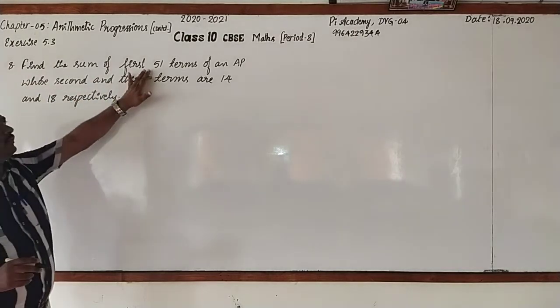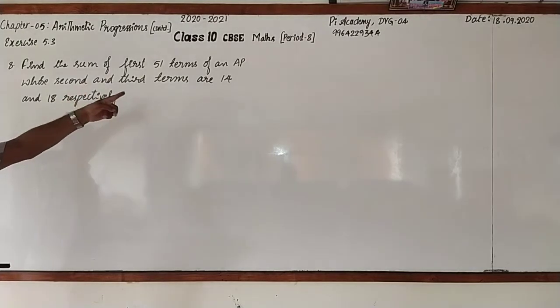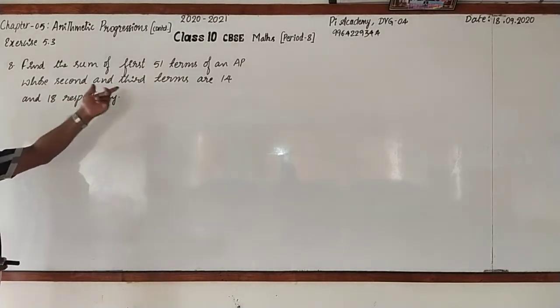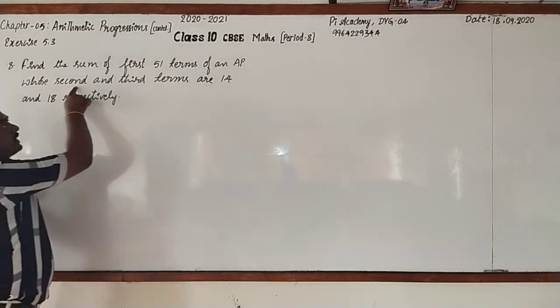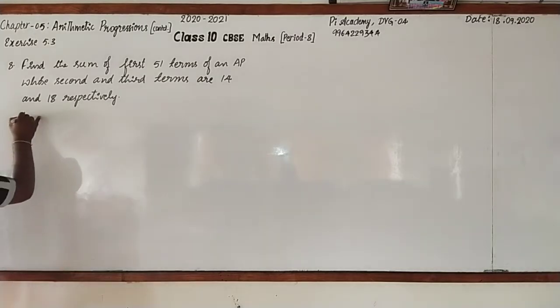Find the sum of first 51 terms of an AP whose second and third terms are 14 and 18 respectively. See that here consecutive terms are given, that is second and third. We should find out the sum. First, let us write the data, then I'll explain it.